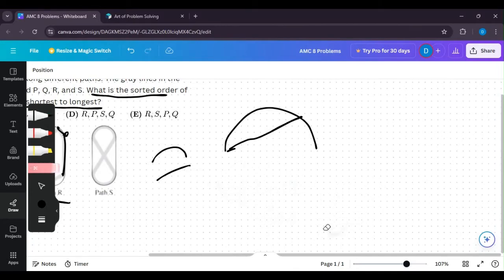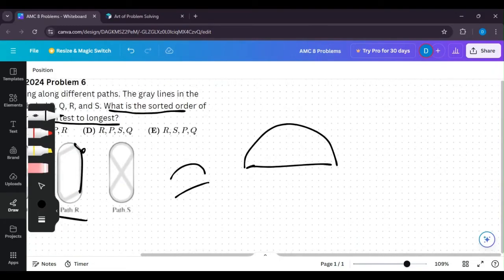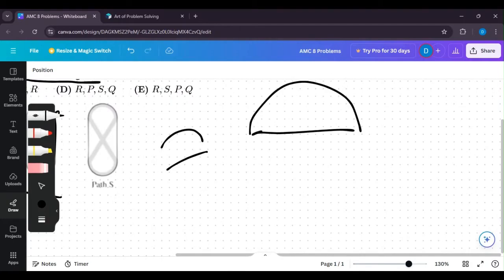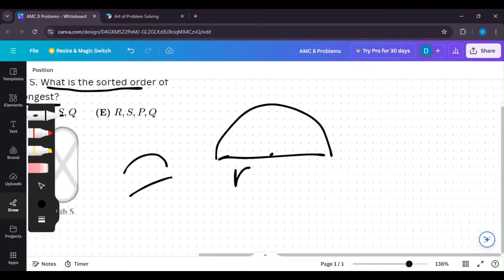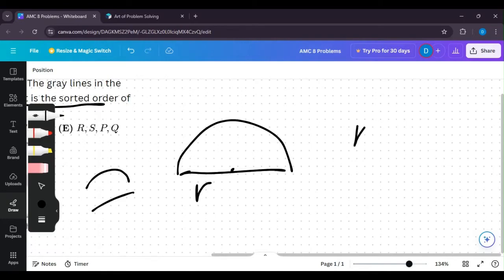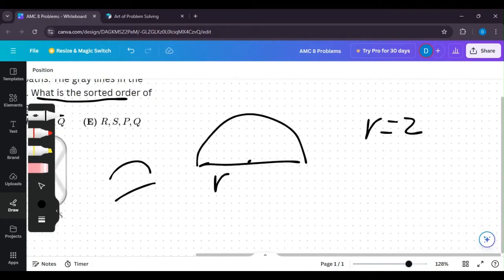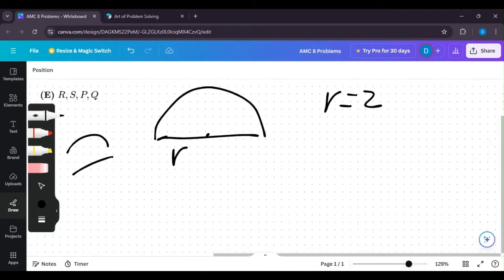And in the case of a semicircle, if we compare the radius or diameter to the circumference of this semicircle, then we can see that it's longer. If R is 2, we know that the diameter or the straight line is 4, because it's 2R.